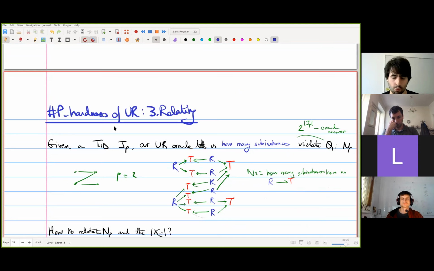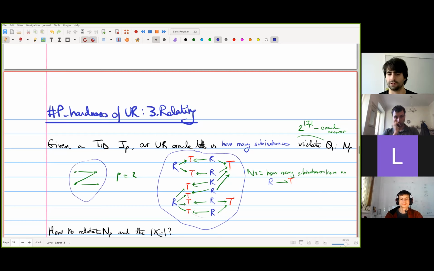So what is the oracle telling us? We are calling the oracle on something like this, which is the encoding of the initial bipartite graph by replacing each edge with parallel paths like this. Here, there are two parallel paths. The oracle tells us how many subinstances will actually satisfy the query, so contain three facts R, S, T like this adjacent to each other.